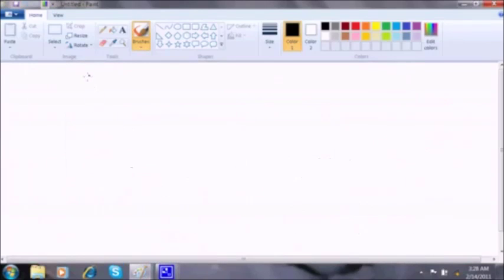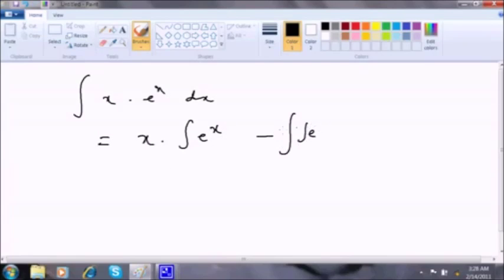So how will I use this? Integration of x into e to the power x dx. The formula looks really difficult, but it's easy. So what I'll do is x into integration of e to the power x, minus integration of e to the power x into differentiation of x.